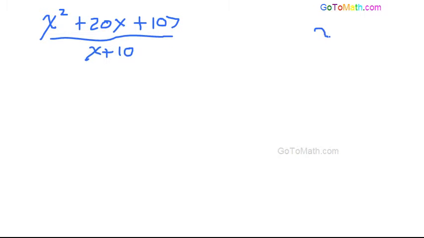So remember that denominator needs to be in this form here, x minus r. And so what we're going to need to do here is say x minus negative 10. You see that? And if we simplify that, we just get x plus 10. Okay, but as you can see here, this is going to be our r right here. Alright, so that's going to be negative 10 right there.